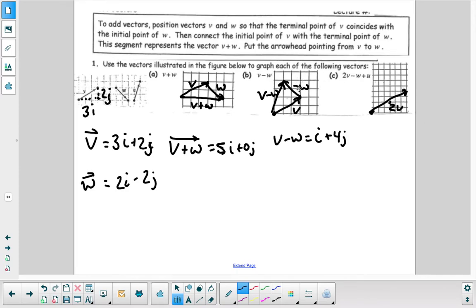Negative w, we just did that portion, so we're going to go 1, 2 on the diagonal. That's negative w. And then plus u. U we haven't used yet, but it's over 1 up 2. Over 1 up 3, sorry. Over 1 up 3. And we connect that. So this is 2u, sorry, 2v.